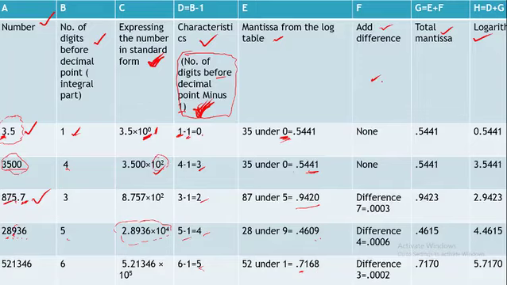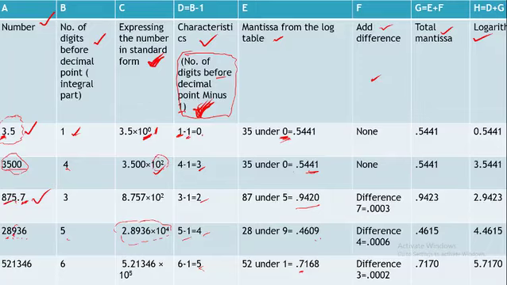I showed you that on the right hand side of the log table here on the screen. This is where we call the difference. So whatever you get from the difference here, you add it to your mantissa, and then when you add it to your mantissa, you now get the total mantissa. Do you understand?